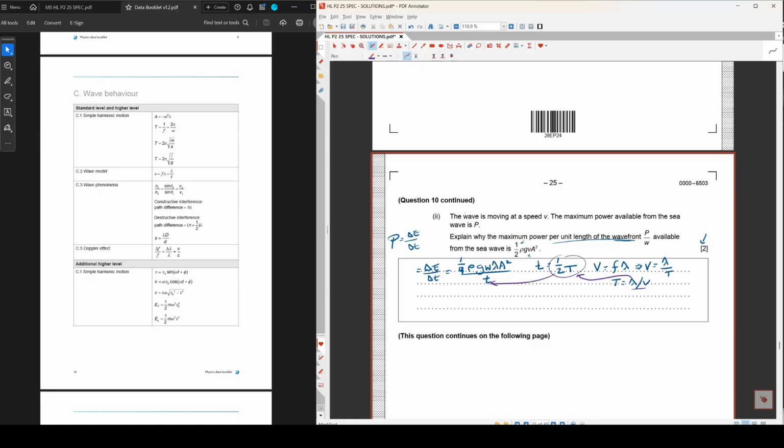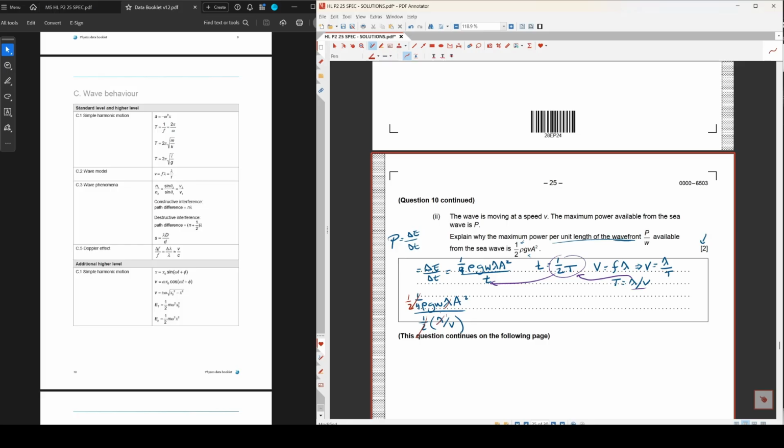And then math. Okay. So I get a quarter density G W times A squared over half of the period, which is this over this. All right, how does math work now? Fractions, well, a half and a quarter, that turns into a half. Lambda cancels out.